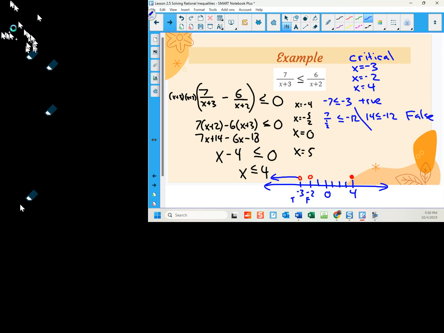Now plug in 0. When I plug in 0, I get 7/3 compared to 6 divided by 2.